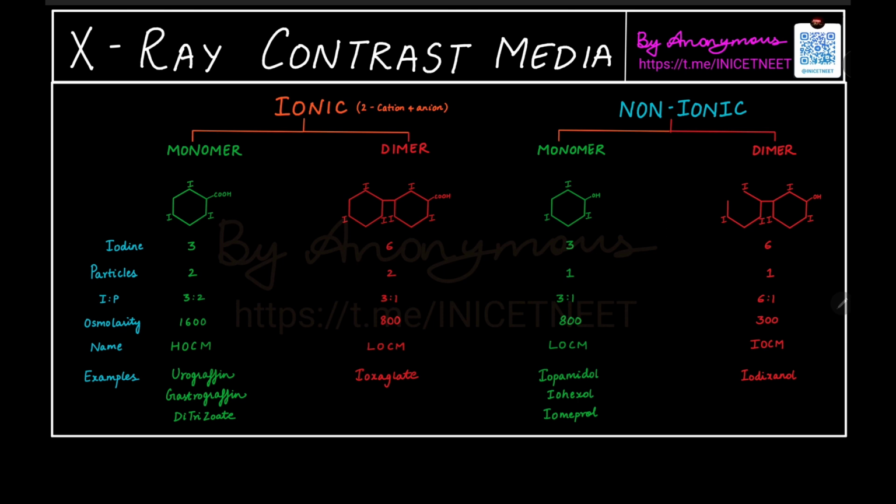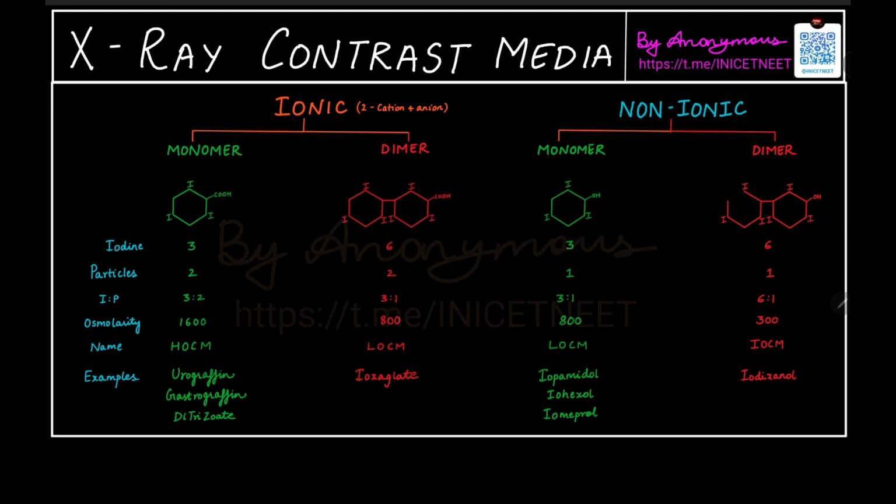Low when compared to ionic monomers, not when compared to plasma. It is still high when compared to plasma, but when compared to ionic monomers, HOCM, it is much less, in fact half or less. Now, the gold standard non-ionic dimers have a high ratio of 6 to 1 and are isoosmolar. They are called IOCM, isoosmolar contrast media.